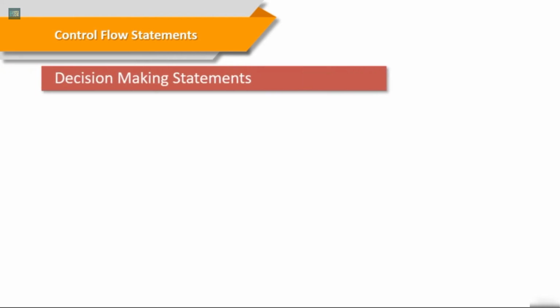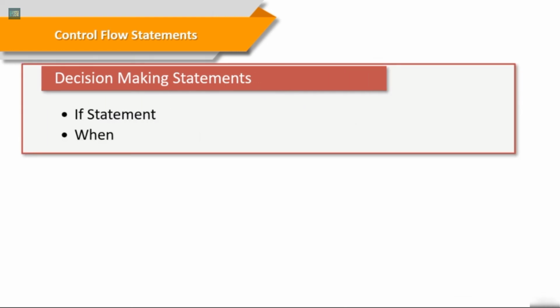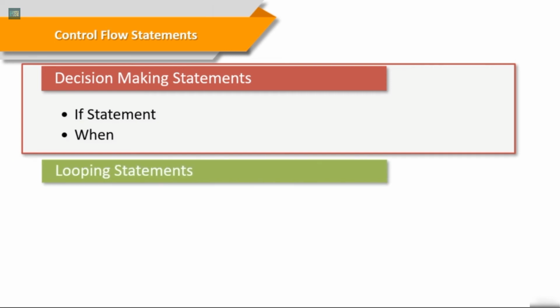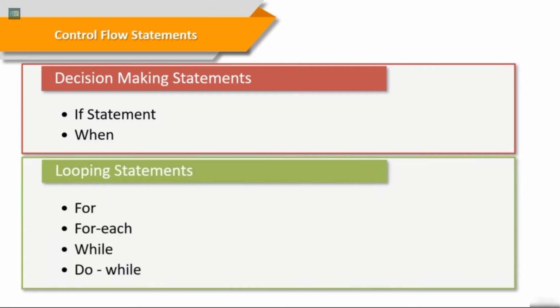Well, hello, everyone. So in this next section, we're going to learn the fundamentals of Kotlin. We're going to learn decision-making statements such as the if statement, the when statement. Then we're going to learn looping statements such as for each, while, and do while loops.